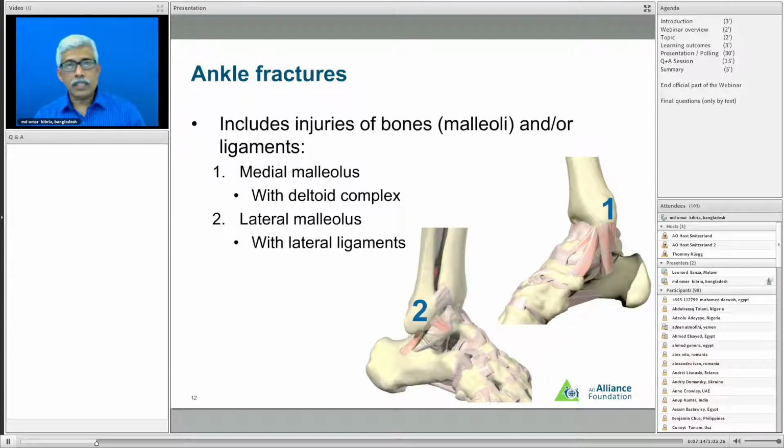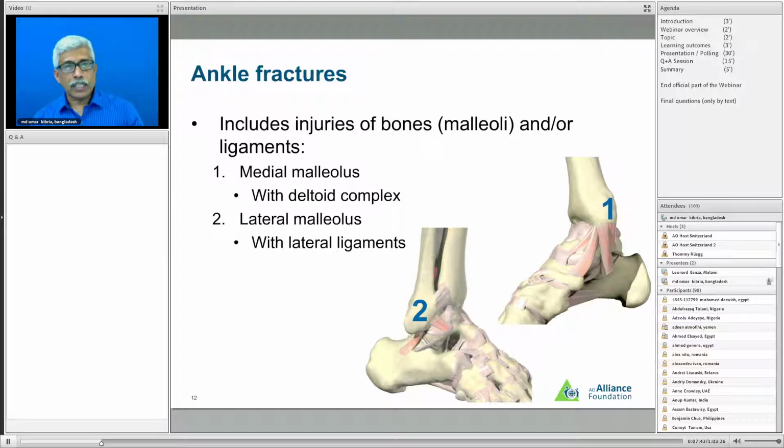As you can see, ankle fracture includes 2 joints: the tibia and fibula with the talus, and the syndesmotic joint. So these 2 joints are involved in ankle fractures. There may be a fracture of a single bone, or a fracture of multiple bones. A single bone fracture may be stable. When multiple bones are involved in the fracture, you can have instability.